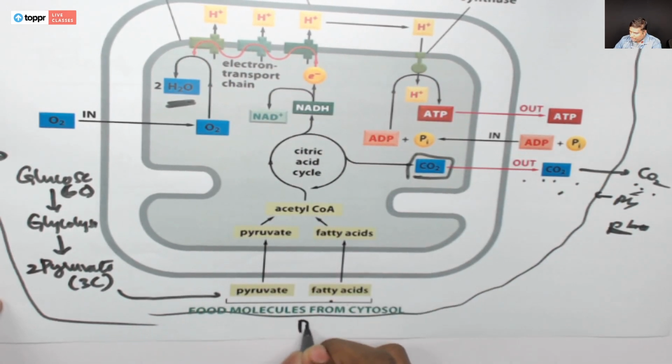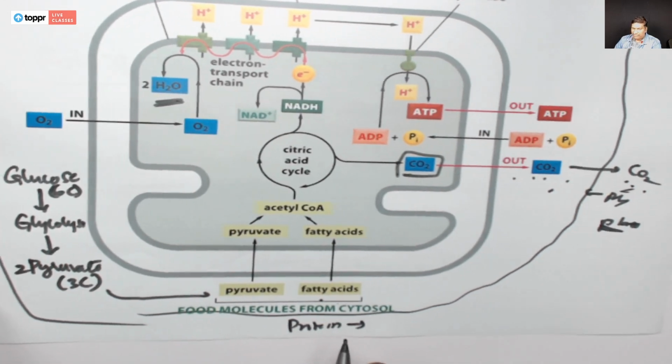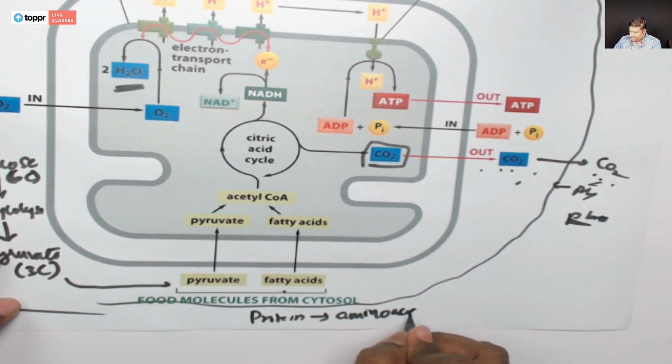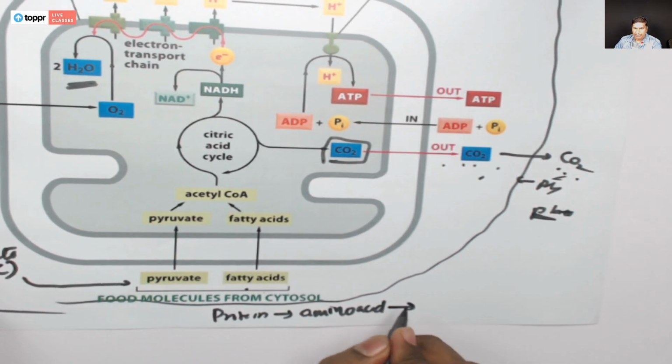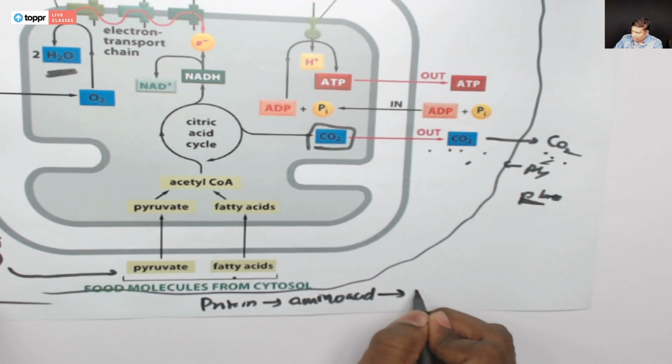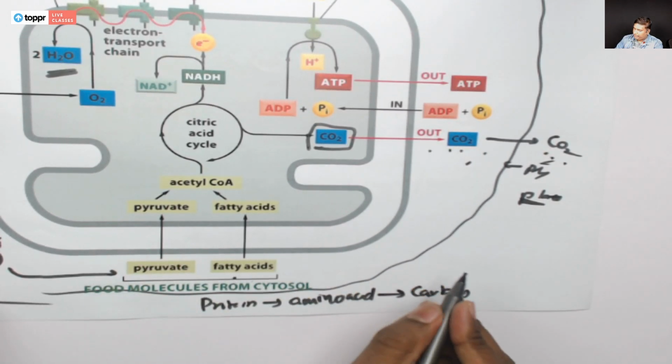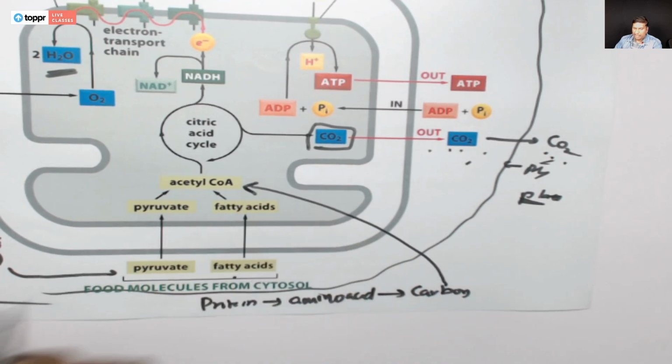Even proteins are first converted into amino acids by the digestion process. These amino acids are then broken down to carbon backbones. The amino group is removed, and the carbon backbone will then again get converted into acetyl-CoA, whatever is remaining after removing the amino group.